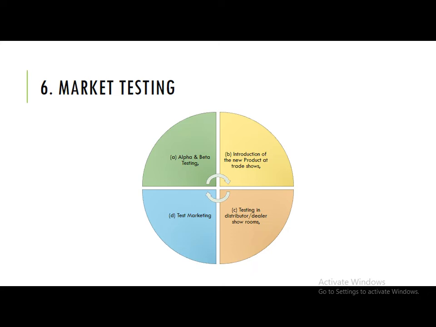First we'll talk about alpha and beta testing. So what is that? When a product is tested internally within the organization, which has characteristics of high price with new technologies, such testing is called alpha testing. I will repeat again.